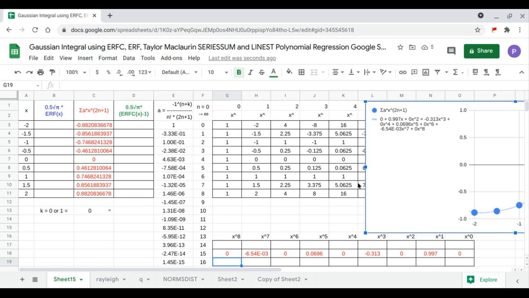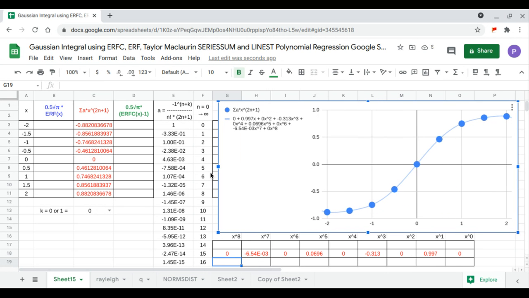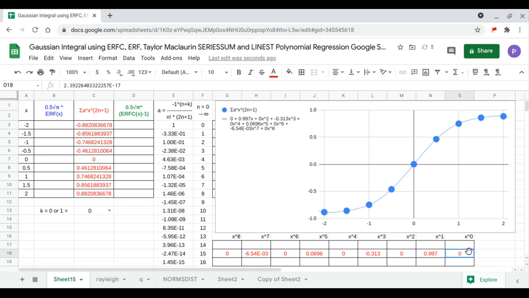So here we have the regression coefficients. So x to the 0, that's 0, 0.997 for x, 0 for x squared, minus 0.313 for x cubed, 0 for x to the 4th, 0.0696 x to the 5th, 0 x to the 6th, minus 6.54 times 10 to the minus 3 of x to the 7th, and 0 x to the 8th.